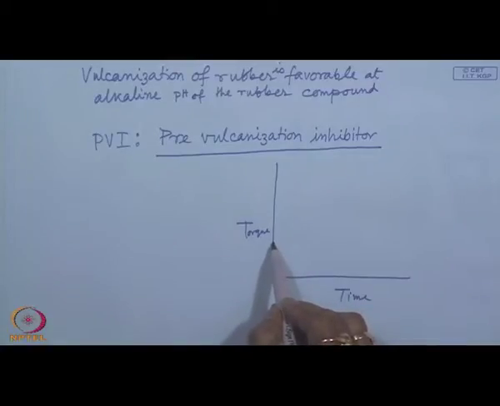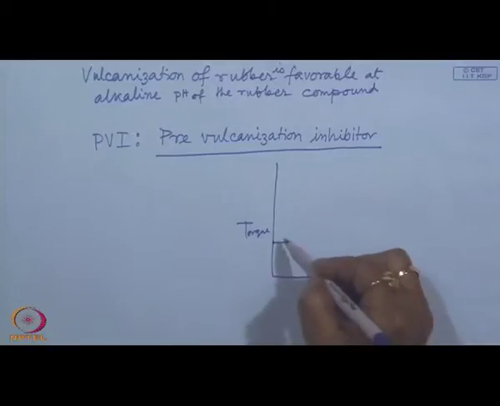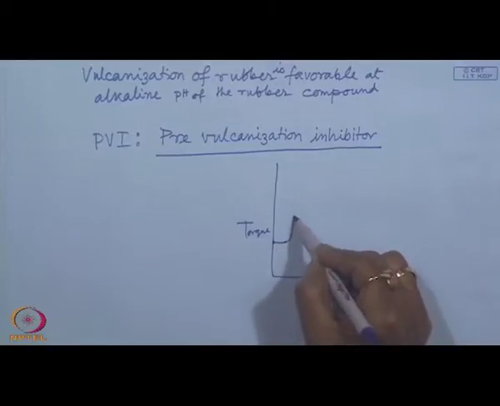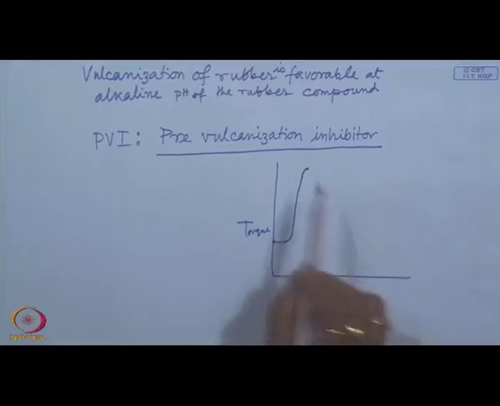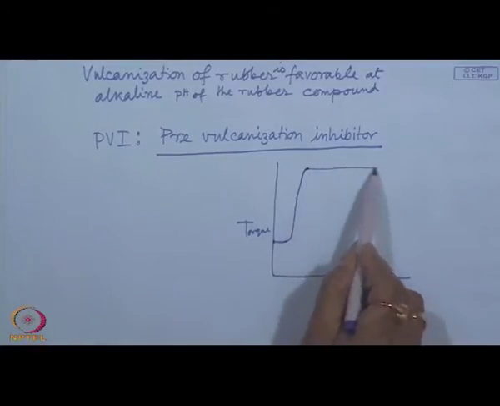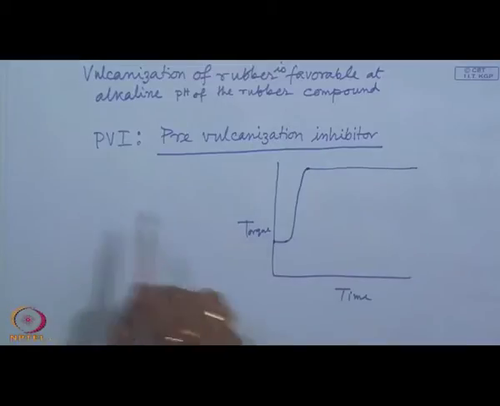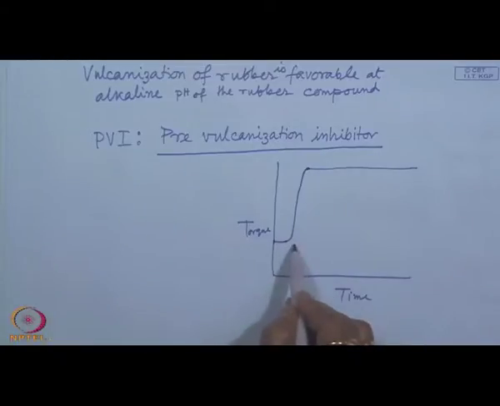This time is very small and this gives a steep rise of the curing rate. This small time is required for high productivity. Vulcanization is complete over here. Say vulcanization should be completed within 5 minutes. In that case, one should use a very fast accelerator.